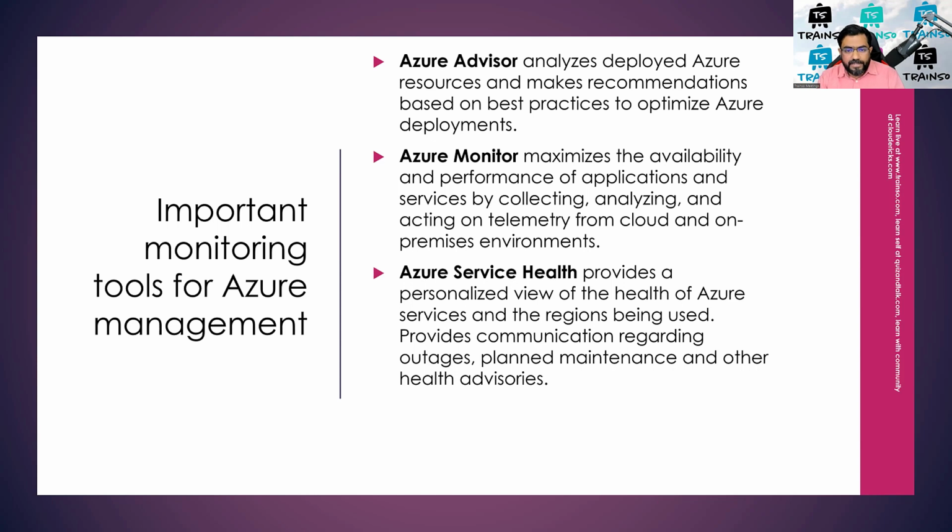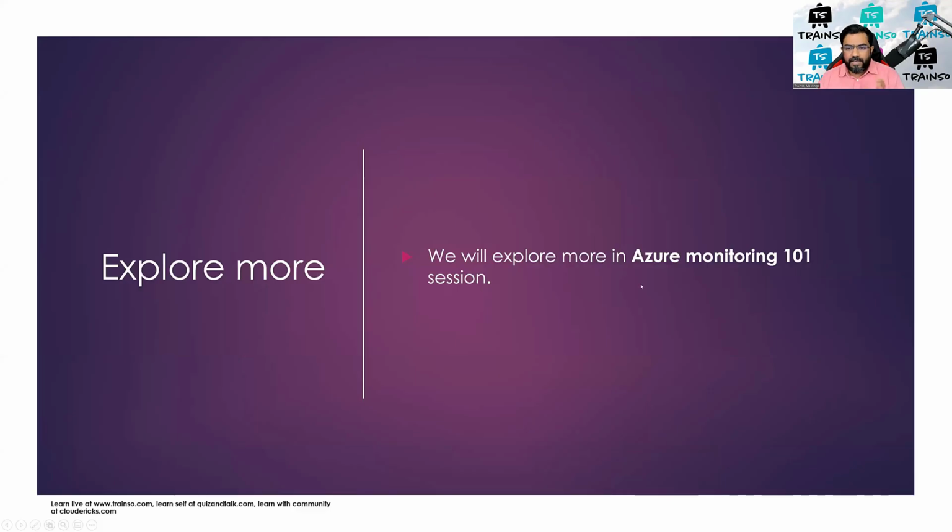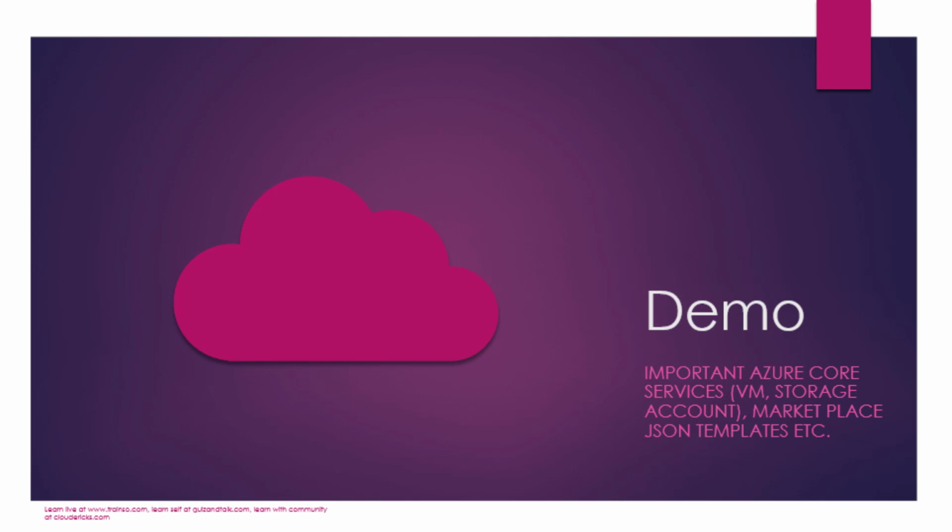Azure Service Health provides a personalized view of the health of Azure services and regions being used, and provides communication regarding outages, planned maintenance, and other health advisories. Basically, sometimes Azure may also have some issues, so you can see, okay, this issue happened, what is the root cause, and all those things. Okay, we will have an Azure Monitoring 101 session also.